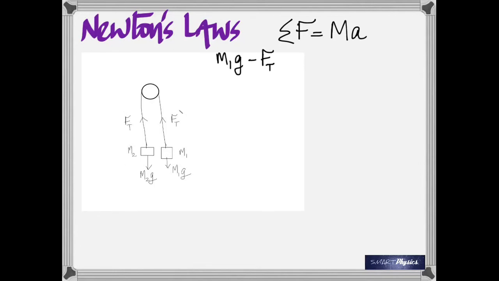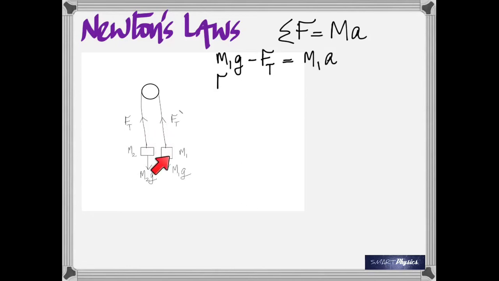Now to illustrate that, here is a setup, and here you have two objects of masses m1 and m2 attached together by a string passing over a frictionless pulley, and you have to treat this as a free body diagram. So when you look at the forces acting on mass m1, there are two forces. m1g is its weight acting down, Ft is the tension in the string.